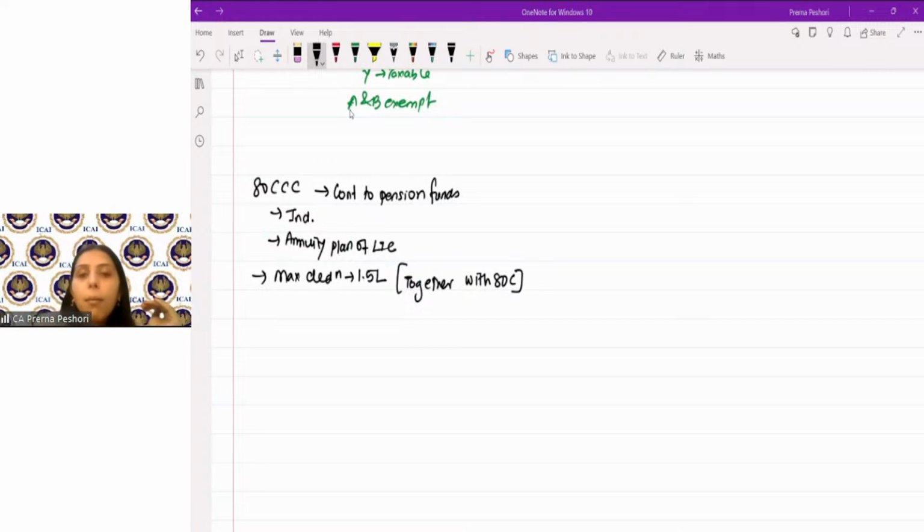Now, if any amount which is there in the fund has been allowed as deduction, interest credited will not be allowed as deduction, right? So any amount which has been allowed as the deduction, if it is received by the assessee, if he surrenders the policy, then that will be the income of the assessee, right?